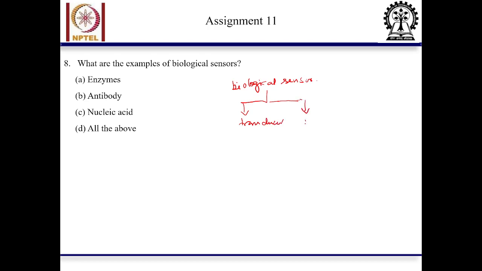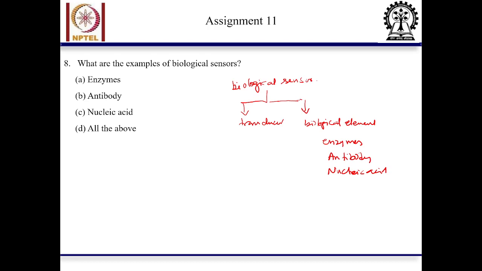The other thing is the biological element, and that biological element can be an enzyme, an antibody, or a nucleic acid. For the time being, I will just leave it here only. In the next assignment, when I discuss the biological sensor, I will use it.